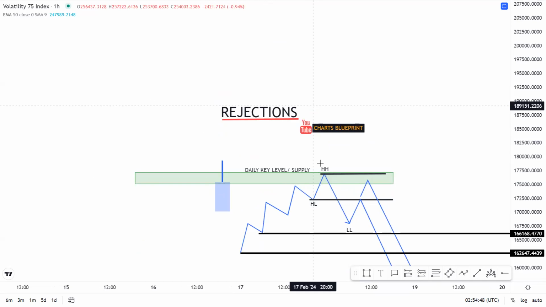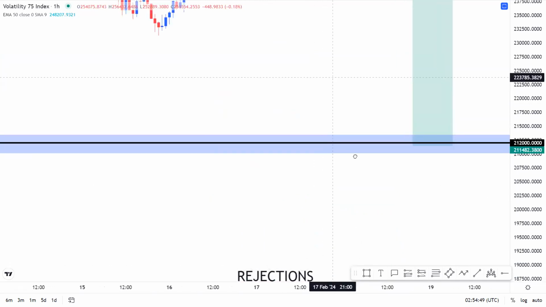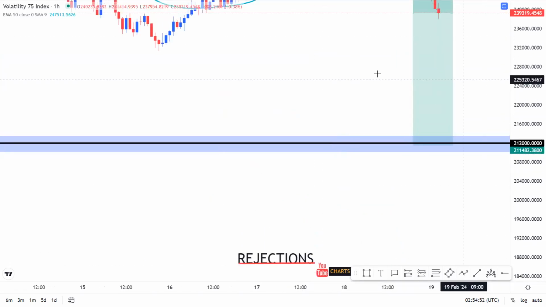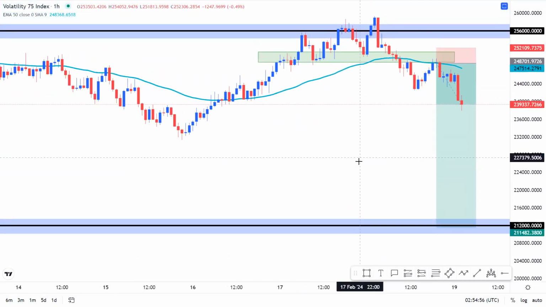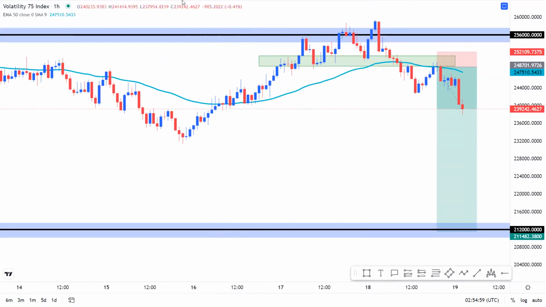And quickly looking at the various reasons as to why I'm currently short on Volatility 75 index, going all the way to the daily time frames.